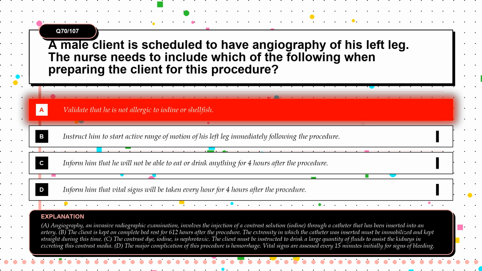The extremity in which the catheter was inserted must be immobilized and kept straight during this time. C. The contrast dye, iodine, is nephrotoxic. The client must be instructed to drink a large quantity of fluids to assist the kidneys in excreting this contrast media. D. The major complication of this procedure is hemorrhage. Vital signs are assessed every 15 minutes initially for signs of bleeding.